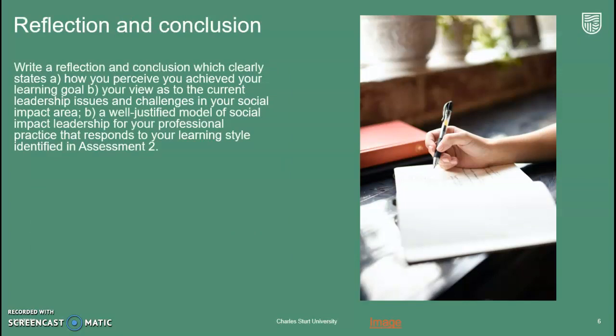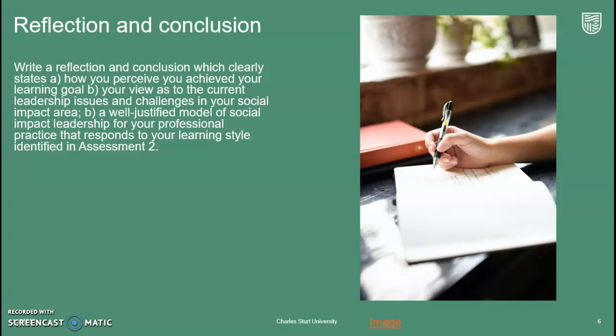So you reflect and conclude, and there's two areas: how you perceive you achieved your learning goal, your view as to the current leadership issues and challenges in your social impact area, and C, not B, a well-justified model of social impact leadership for your professional practice that responds to your learning style identified in Assessment 2.